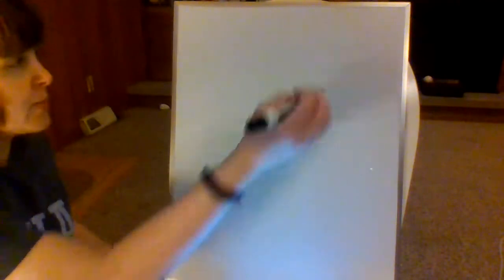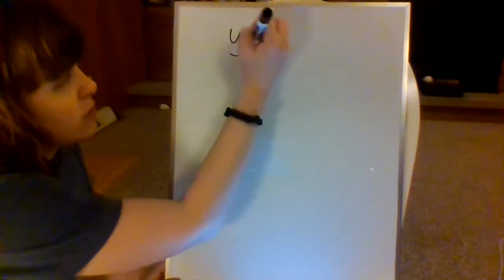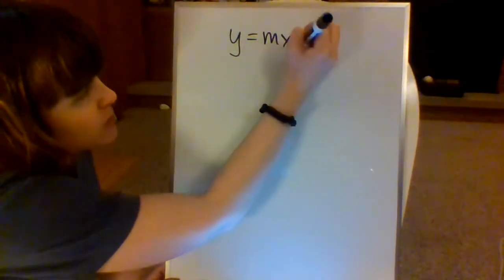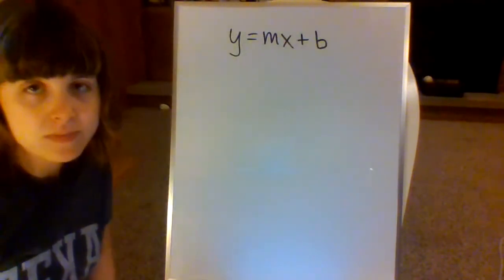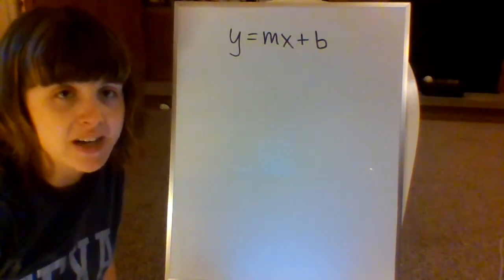Today I'm going to remind you, because I've taught it to you before, how to write equations of lines when you are given a slope and a point that the line passes through. If you remember from yesterday, we're going to use y equals mx plus b to write our equations of lines.